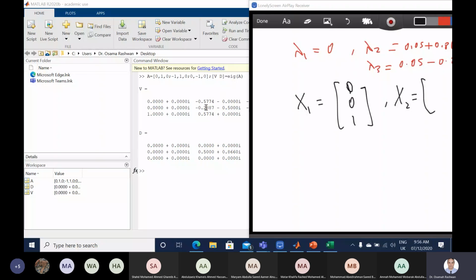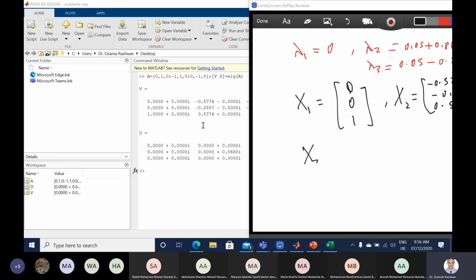So I have minus 0.5774. Okay. Minus 0.866. 0.2887, 0.5774. Okay, and here you have plus 0.5i.